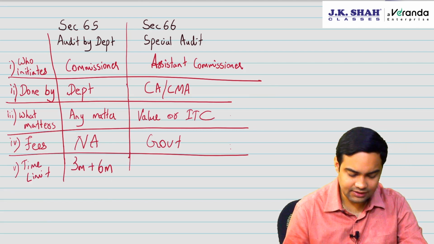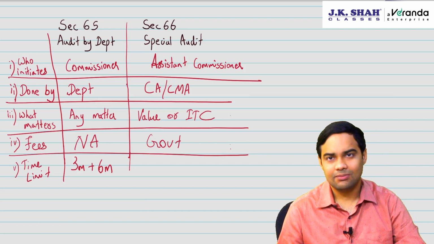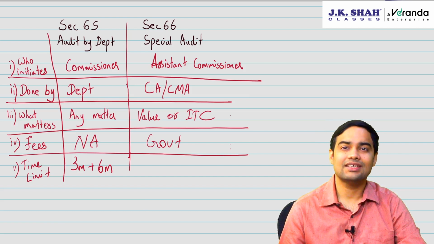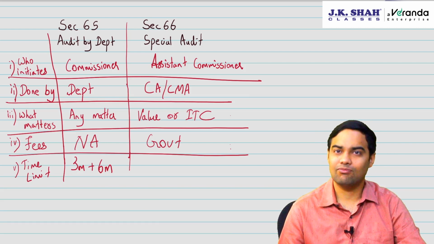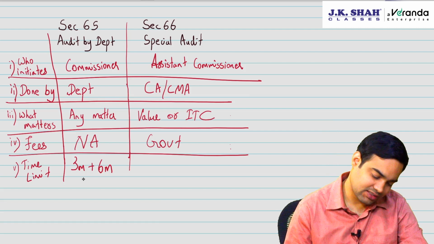And please understand, 3 months plus 6 months from the date on which records were made available to the department, or date from which it was instituted from the place of business of the taxpayer, whichever is later. Careful with this, they can ask you this. From where does this 3 months plus 6 months start?